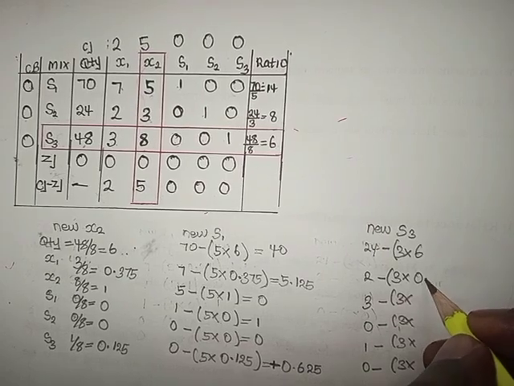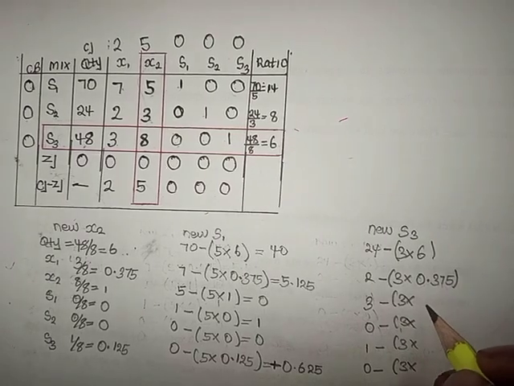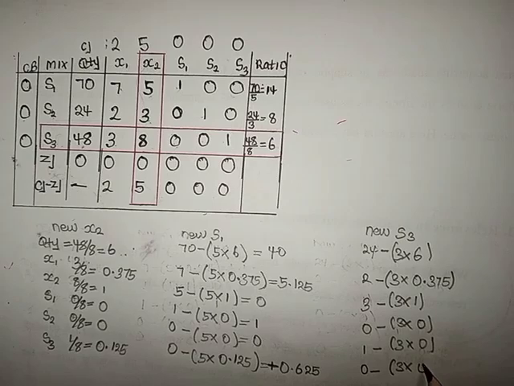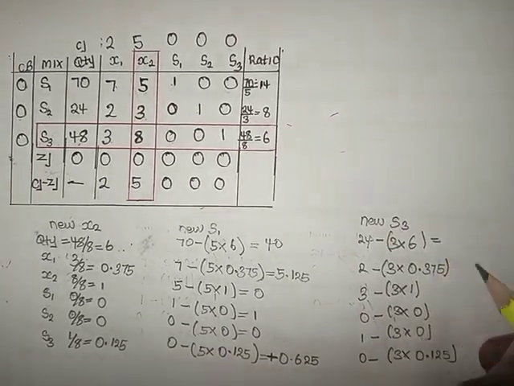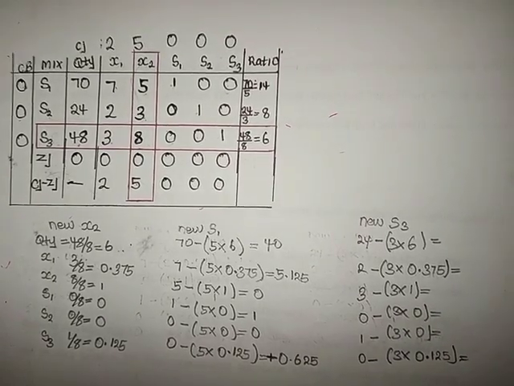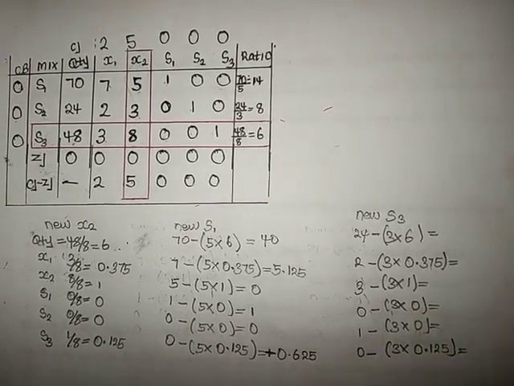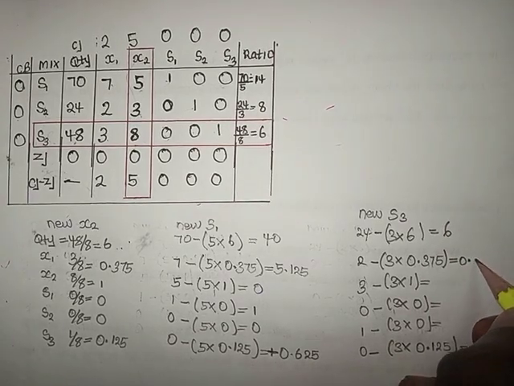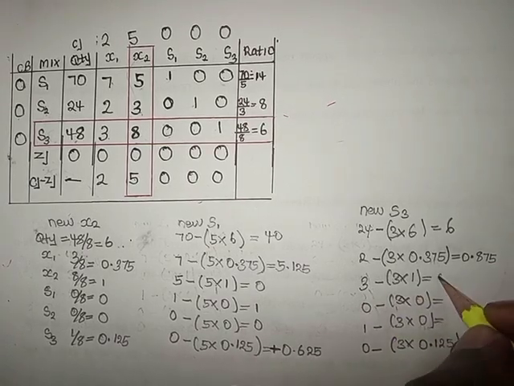Multiply by 0.375 in parentheses, multiply by 1, multiply by 0, multiply by 0, and multiply by 0.125. So I need to sum everything here together. So this is 24 minus 6 multiplied by 6, which is approximately 6.875. 3 times 1 is 3. 3 minus 3 is 0.